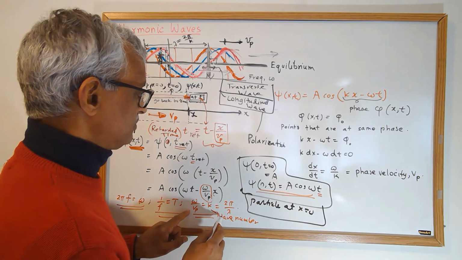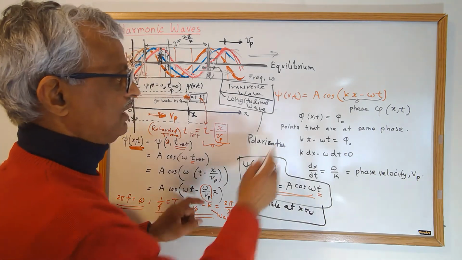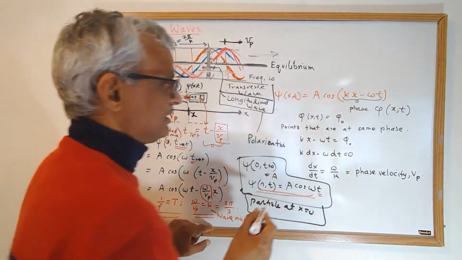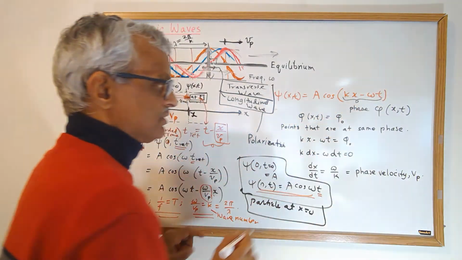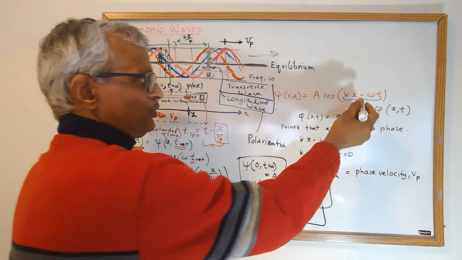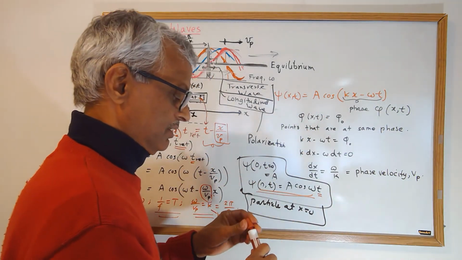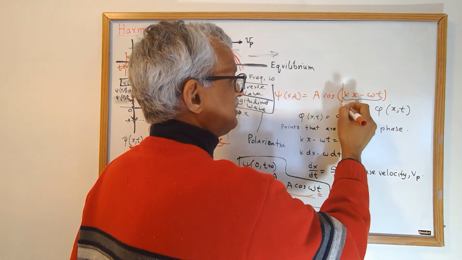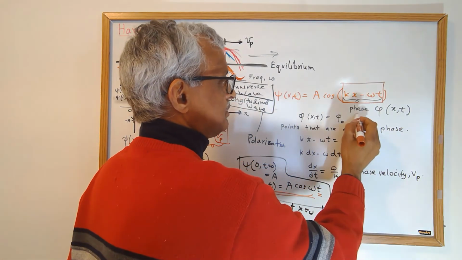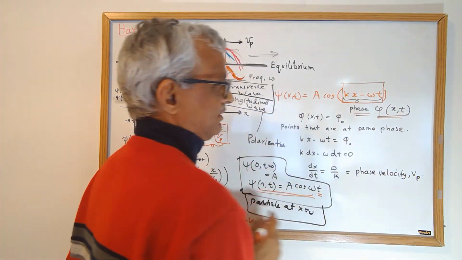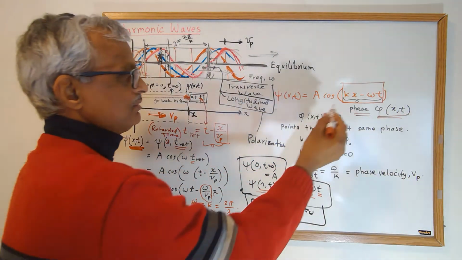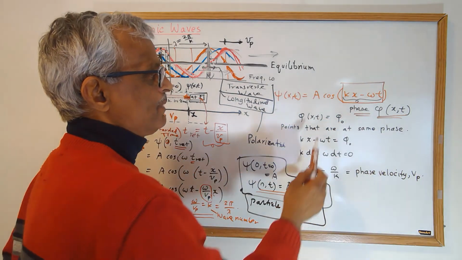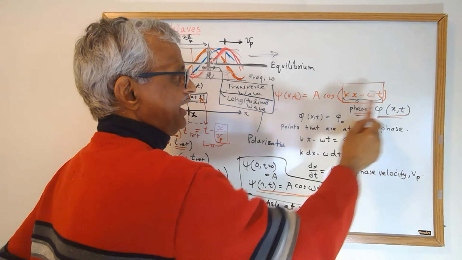Let's write this down in a standard notation, which is cos(kx minus omega t). And I've set the phase constant at 0. That's basically choosing x and t origins. So this part, which is the argument of cosine, we'll call the phase function, or just phase. We can see that for a particular wave number and frequency, it is a function of x and t.